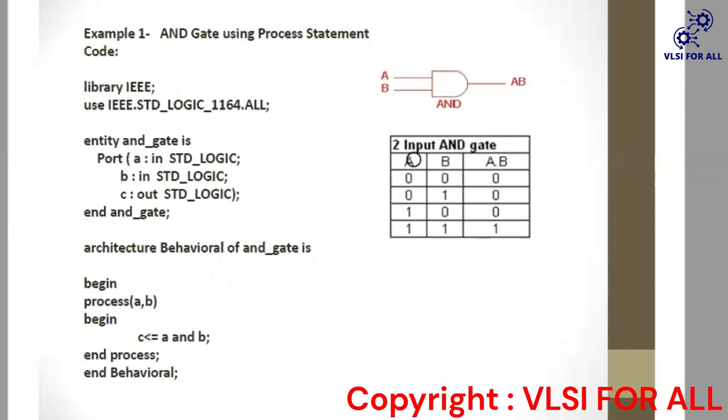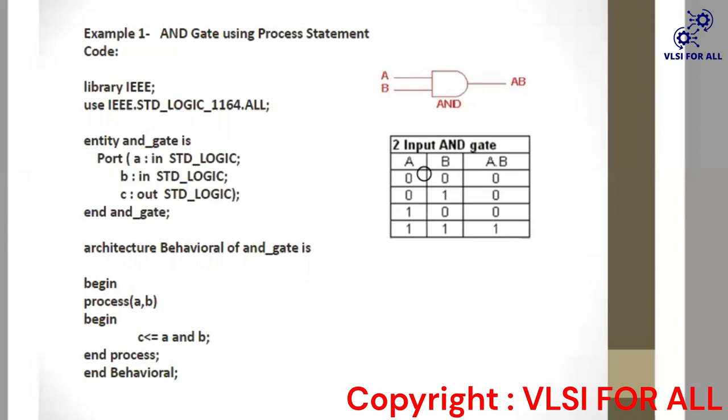You can see here the truth table of the AND gate. When A and B are 0, 0, the output is 0. When A and B are 0, 1, the output is 0. When A and B are 1, 0, the output is 0. When A and B are 1, 1, the output is 1. So we can say that for the AND gate, when any input is 0, the output will be 0.